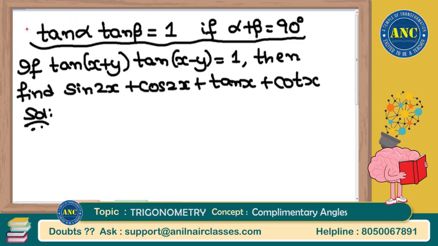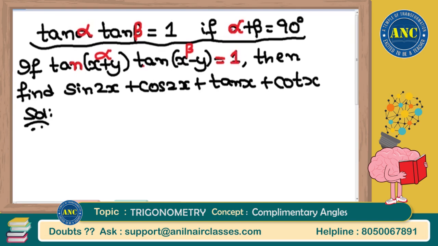Now see here, just now we learnt tan alpha into tan beta, if it is 1, then alpha plus beta will be 90. This x plus y I will call alpha, x minus y I will call beta. Can I say that tan alpha into tan beta is equal to 1?